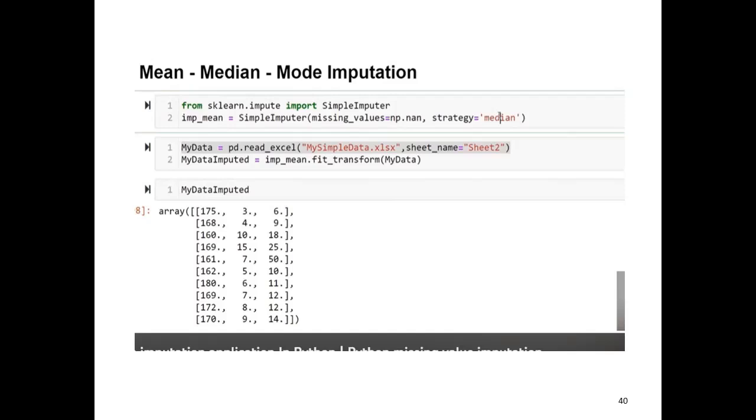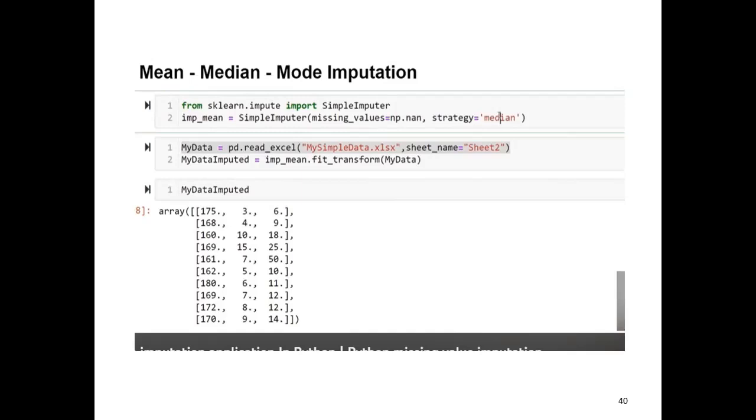But when you are removing a large number of rows, not columns, it may affect the accuracy. So we have to find an alternate solution: find the mean, median, or mode, and replace the missing value with a suitable value.